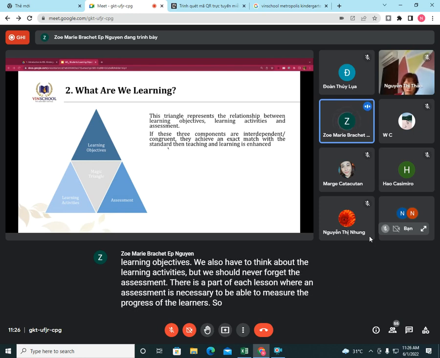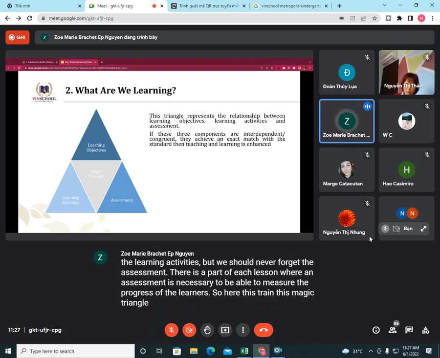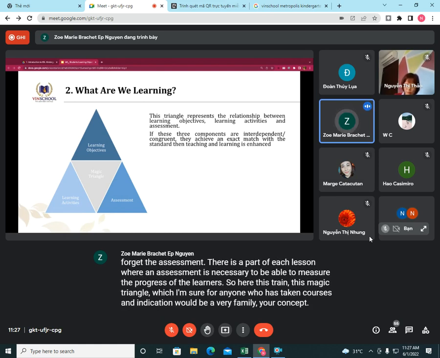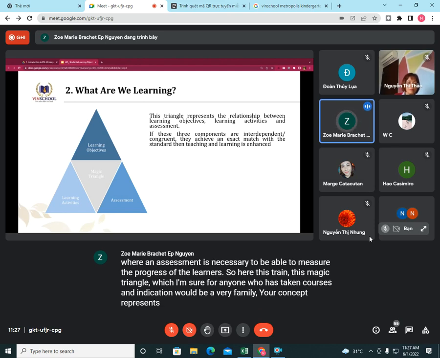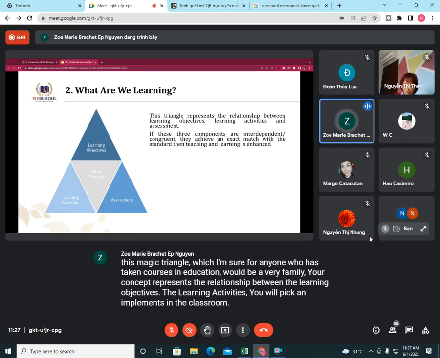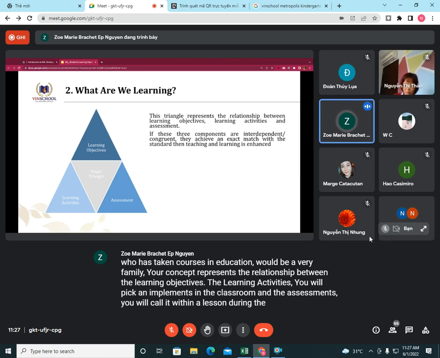So here, this magic triangle, which I'm sure for anyone who has taken courses in education would be a very familiar concept, represents the relationship between the learning objectives, the learning activities you will pick and implement in the classroom, and the assessments you will conduct throughout the lesson.